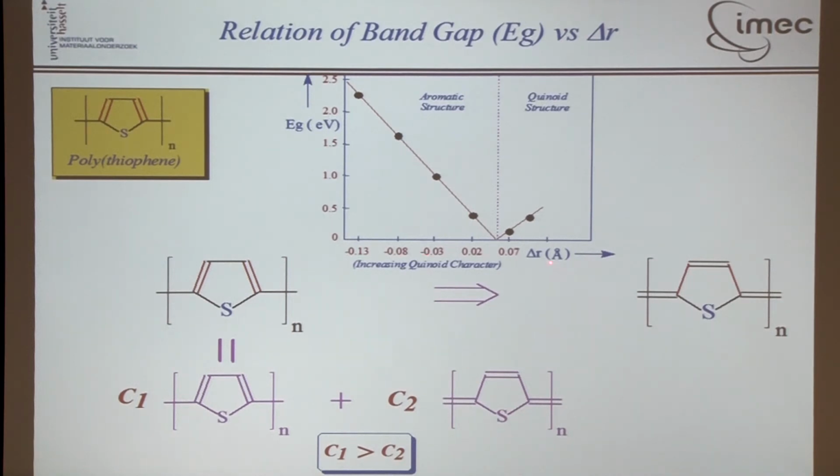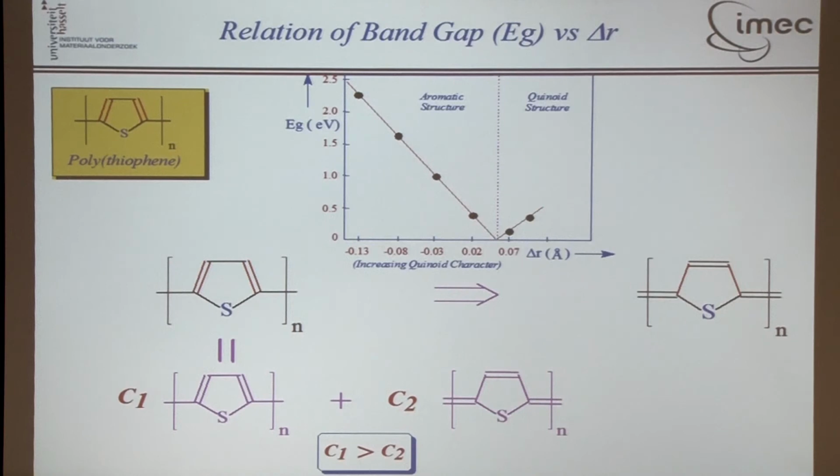As I move here, the bond length difference goes down, so seemingly this double bond becomes longer, and this becomes shorter, and this way the bond length alternation goes down, which can be described by a higher contribution of this. And actually, at this point, I expect that the contributions are equal.